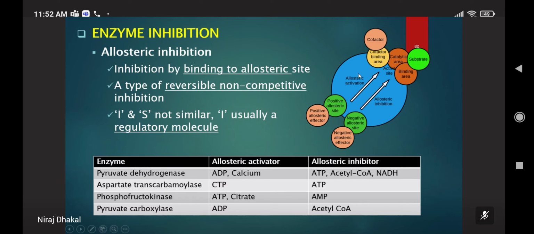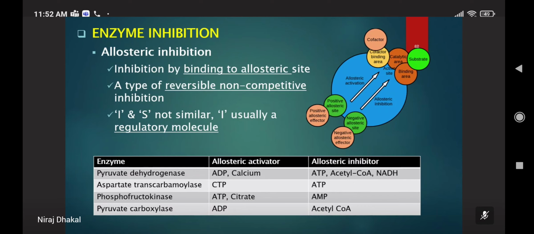So these are the molecules which will target the enzymes of each metabolic pathway, depending upon the need of our body and the resources available in our cell. Sometimes the concentration of the inhibitors exceeds, and sometimes the concentration of the activators becomes higher.